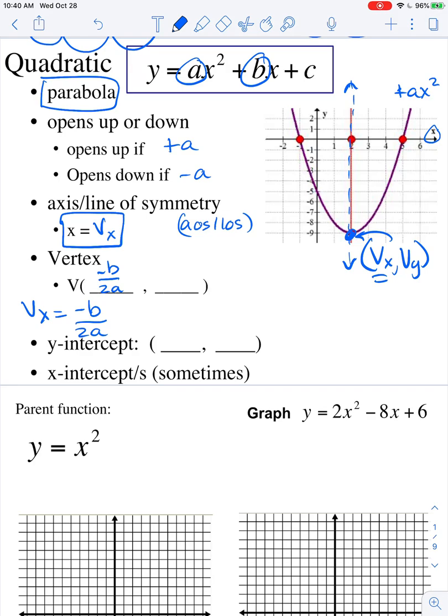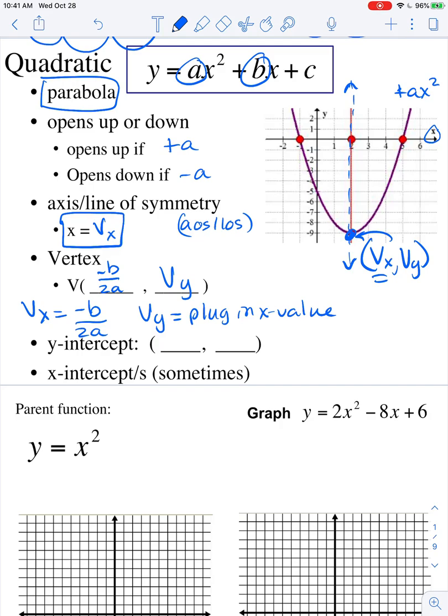And then, like you have done since the beginning of math time, when you have the x but need the y, you simply plug in your x value. You just found that the x value is whatever it's going to be. You plug it into your original equation, and it will kick out your y value. So we'll do that with some number examples that will hopefully make it a little easier.